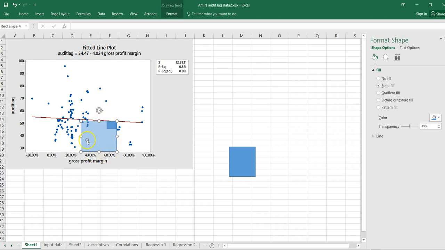So our light blue area is explained, that is the unexplained, and our total sum of squares is going to be something like that. And there you can see that our explained square plus our unexplained square is now greater than our total sum of squares, the actual sum of squares.